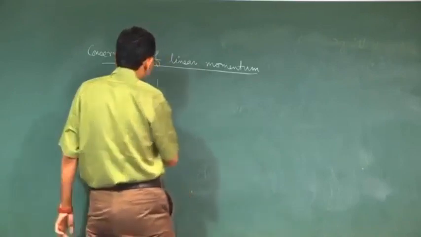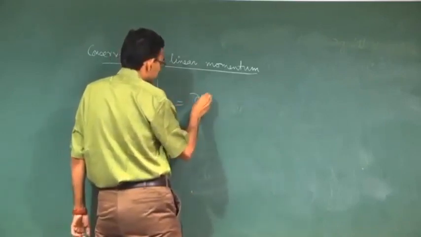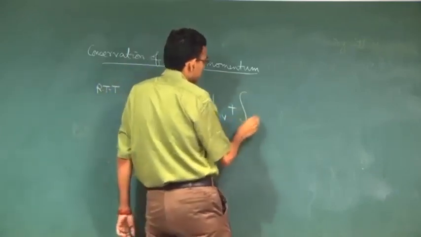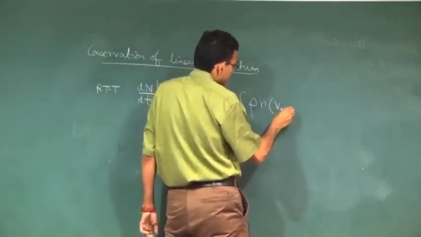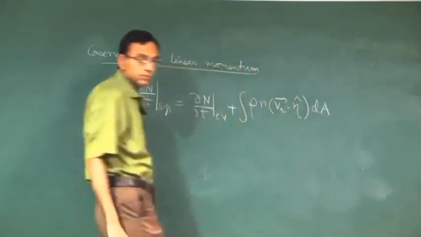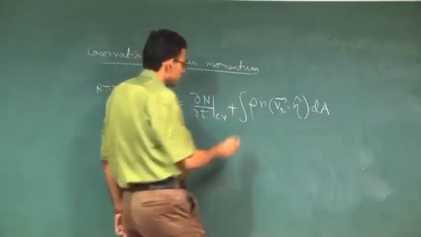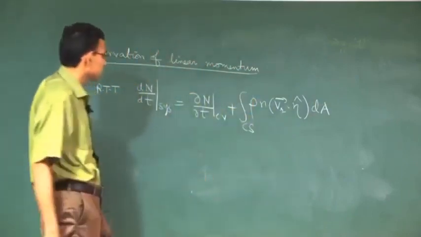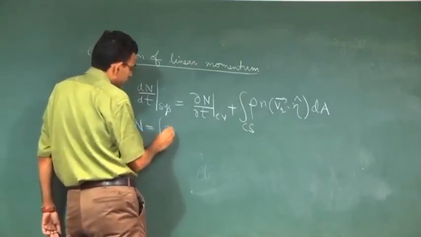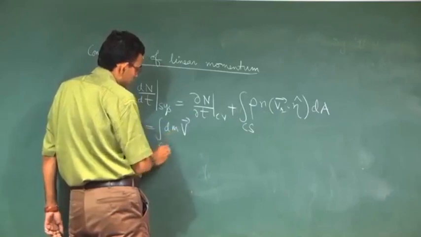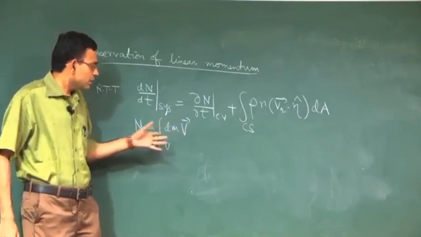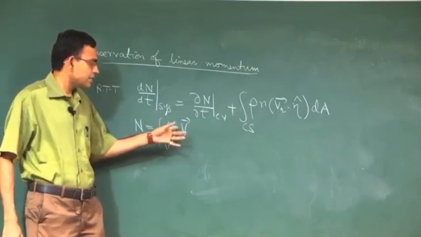So, dN/dt of the system, okay. So, N, in some junior classes we write this N as just mV.